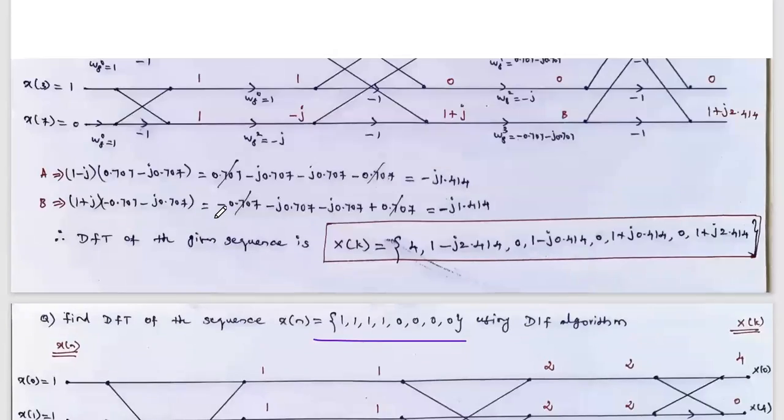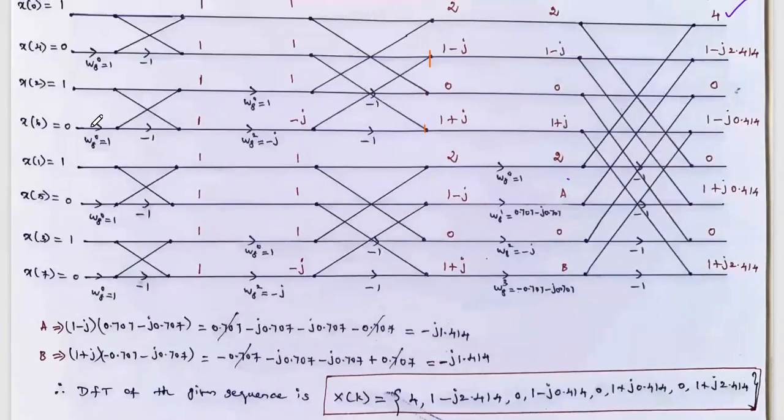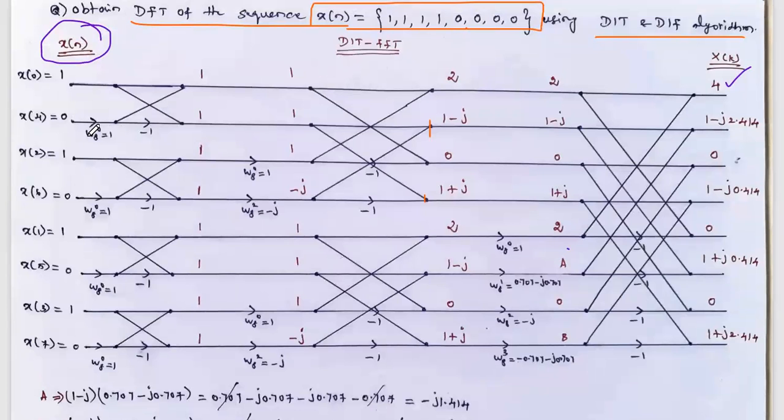And another difference: in the DIT algorithm, this twiddle factor, W8 power 0, W8 power 1, 2, 3, is appearing before the butterfly. In each butterfly stage, the twiddle factor is appearing before the butterfly, in the second stage and in the third stage.